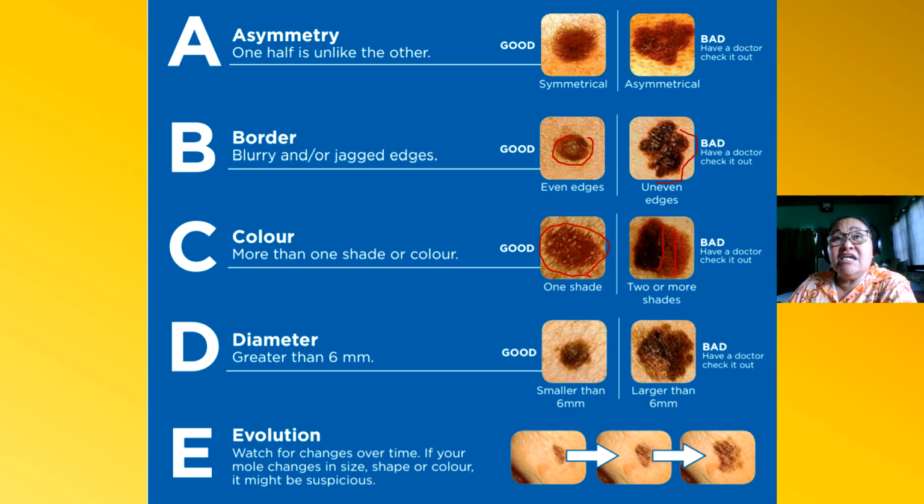And then letter E is evolving. So we have here the picture, evolving. This is the most important sign. If a mole changes in size, shape, just like this, here small, then over time there is a change.